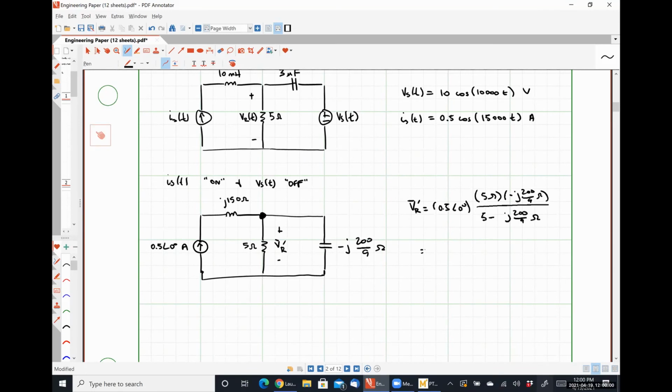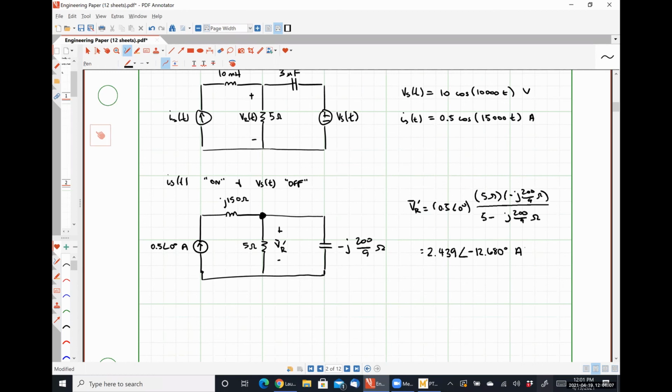Let me fetch my calculator here. So we have 0.5 times... there's I... 2.439 with an angle of negative 12.680 degrees amps.